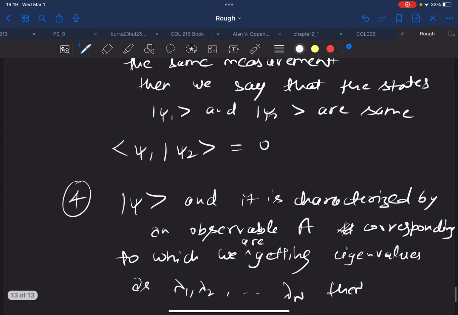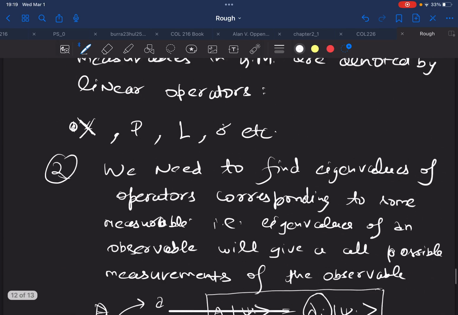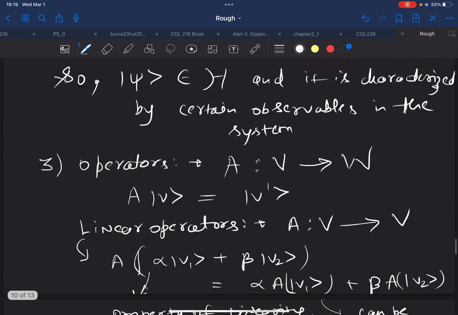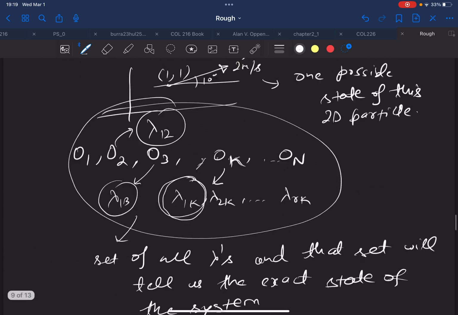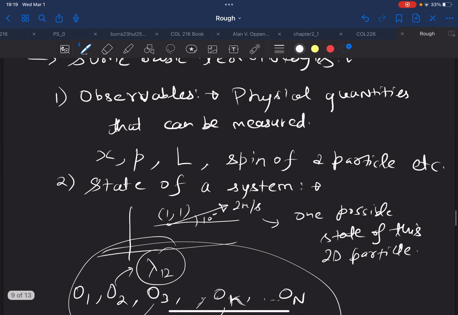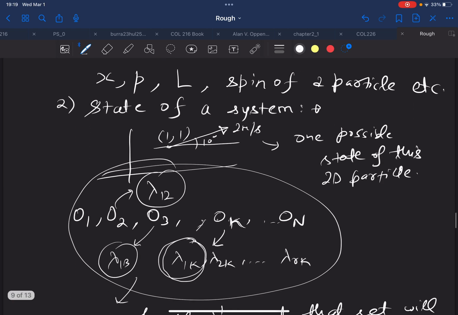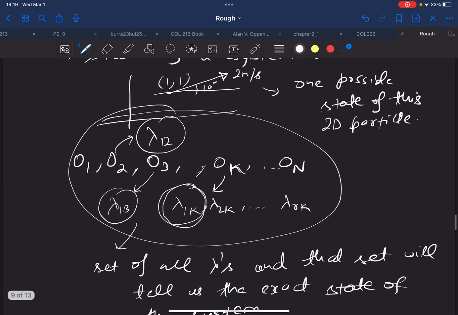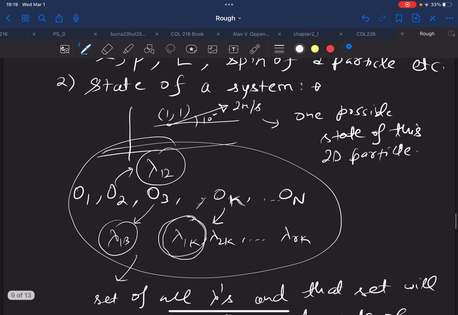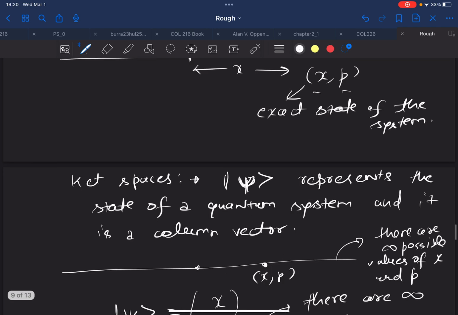So this is all about the postulates. So for review, let's try to summarize what we have learned. We learned about observables, which are physical quantities which can be measured. Then we got to know how we characterize a state of a system by using n observables.